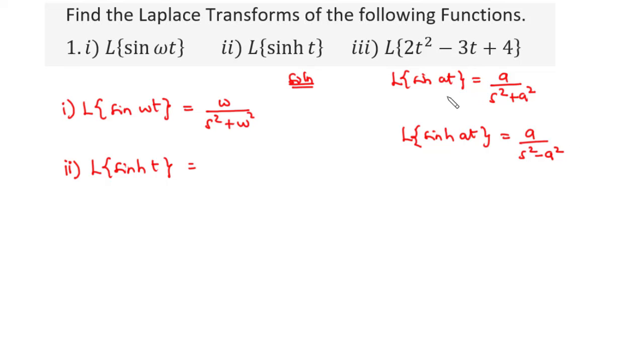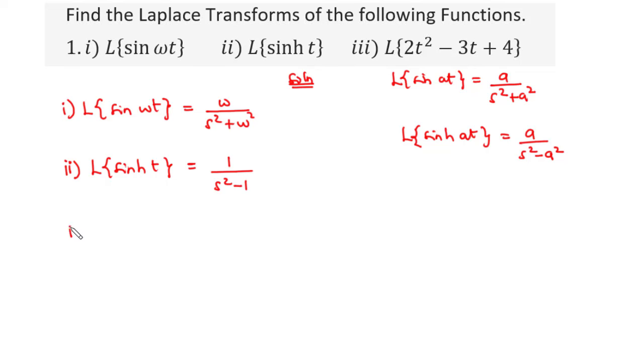The Laplace transform of sine at is a divided by s square plus a square, and the Laplace transform of sinh at is given by a divided by s square minus a square. Now we have a to be 1, that is the coefficient of t is 1. Therefore, we are going to have 1 divided by s square minus 1 square, and 1 square is still 1, so we have 1 over s square minus 1.